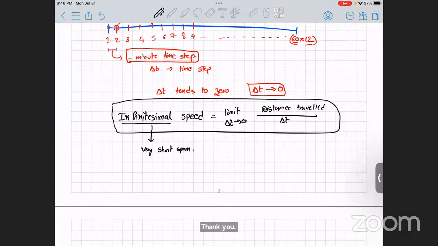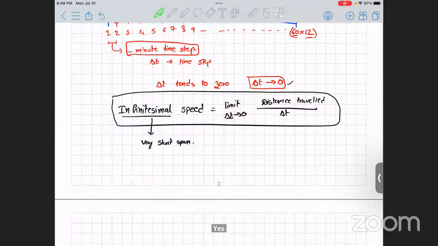Did you understand the mathematics, the physics behind it? Did you understand why delta t tends to 0? Clear till now? Now my question is, you guys already know about limits, I think.